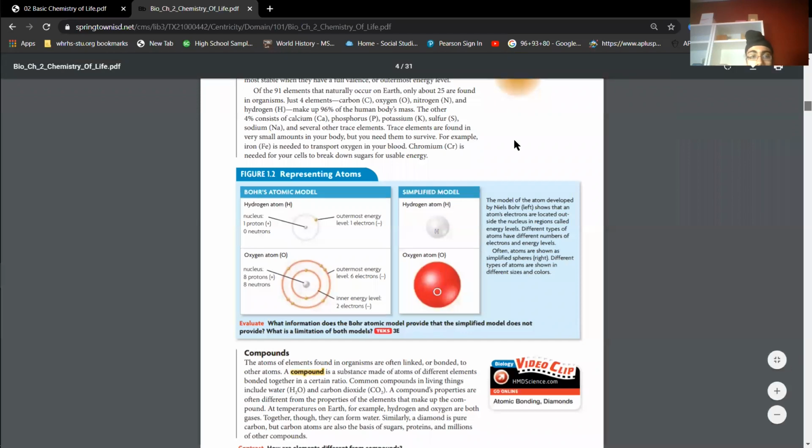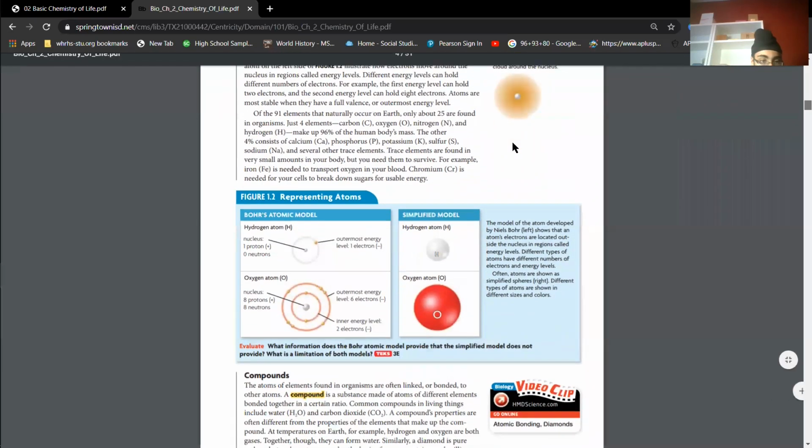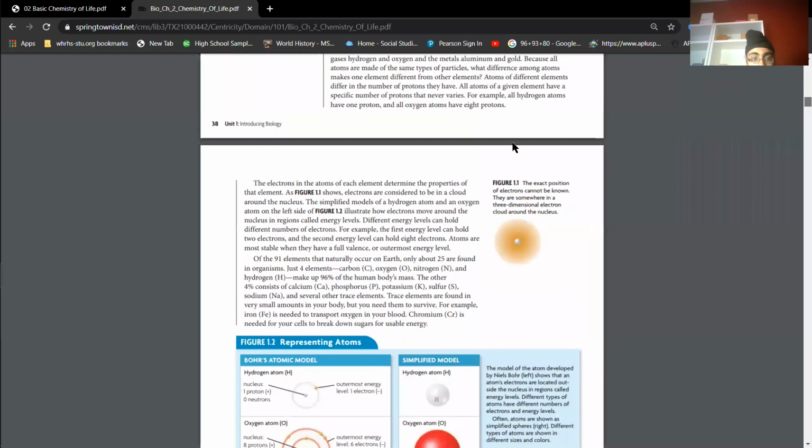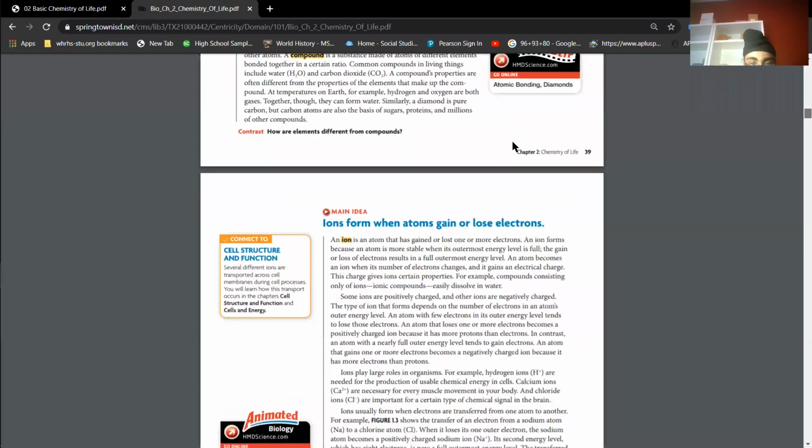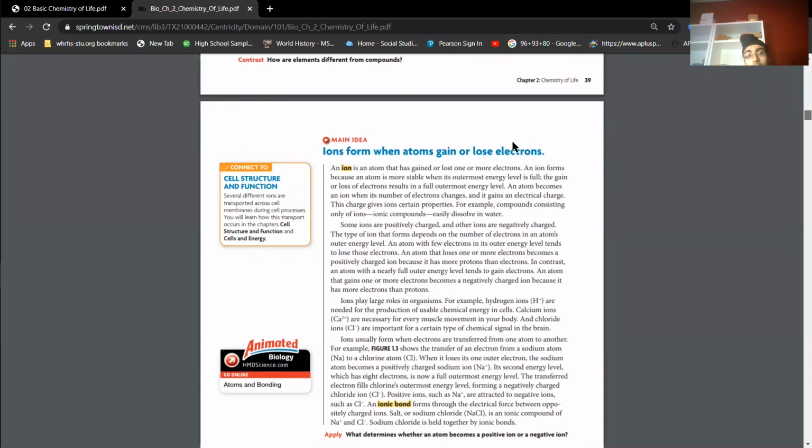Okay. So ions, right? An ion is an atom that has gained or lost one or more electrons. An ion forms because an atom is most stable when its outermost energy level is full.